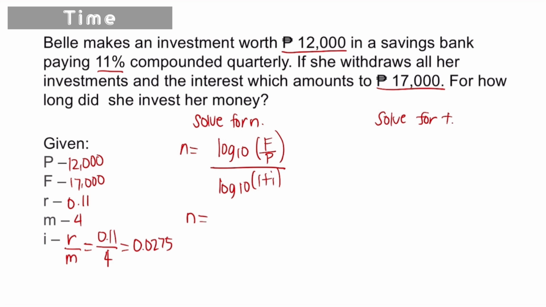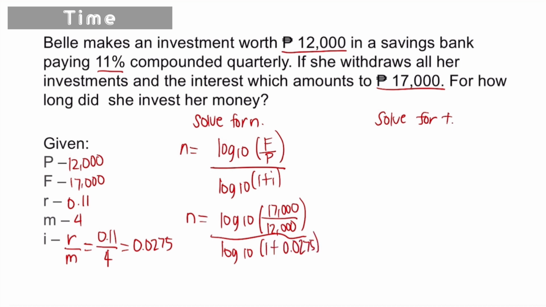And it will be log base 10 of 17,000 over 12,000, over log base 10 of 1 plus 0.0275. Then compute, and our value of N will be 12.84.